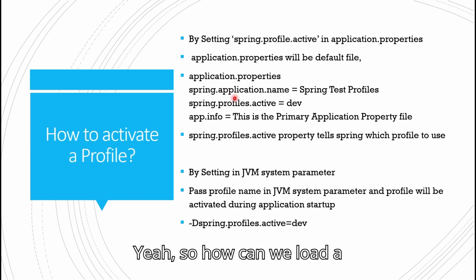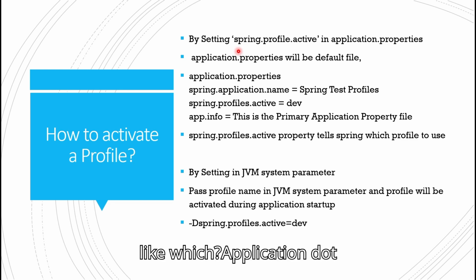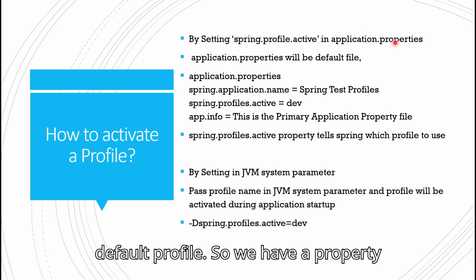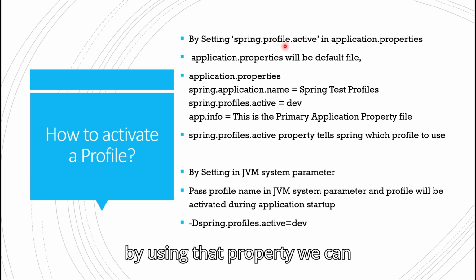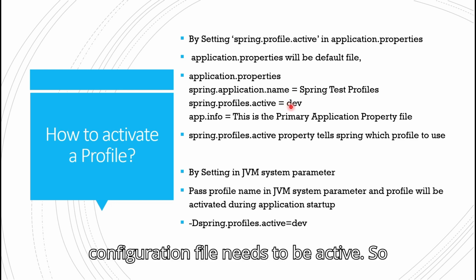So how can we load a specific file, like which properties file I should load? In application.properties, which is the default profile, we have a property called spring.profiles.active. By using that property, we can specify which configuration file needs to be active.